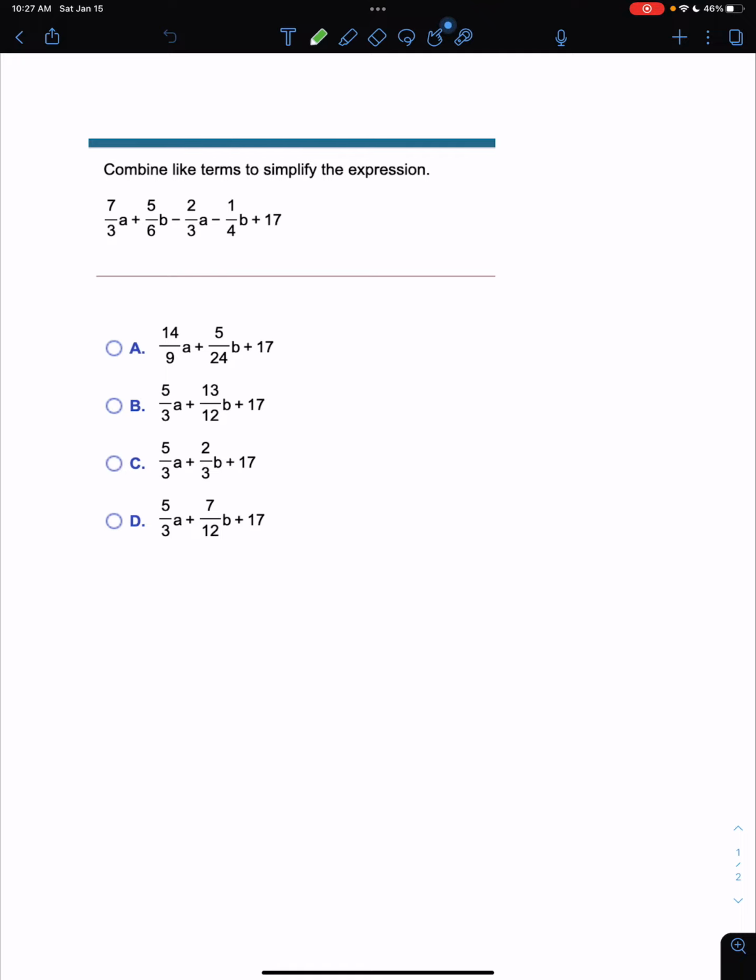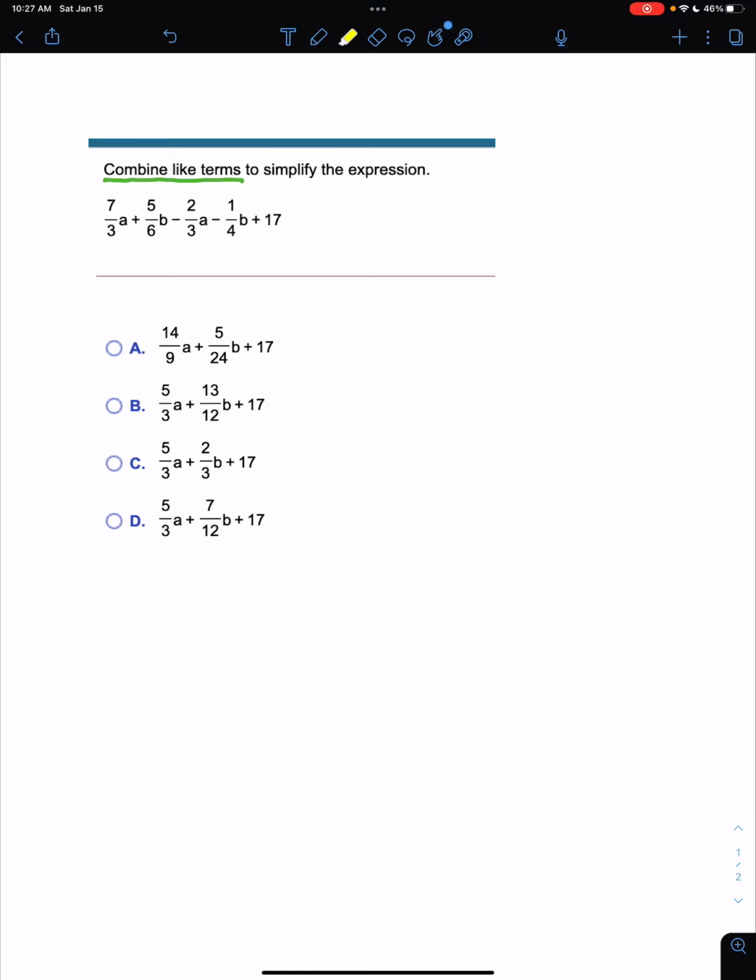So the first thing I would look at here is that the question is asking me to combine like terms. In terms of variables, like terms have to include the same variable.